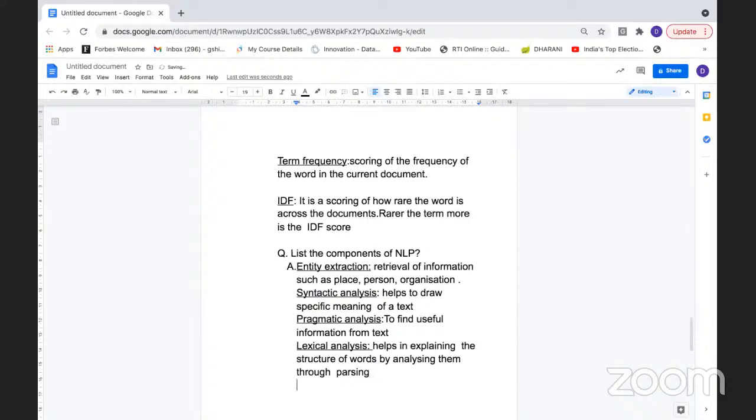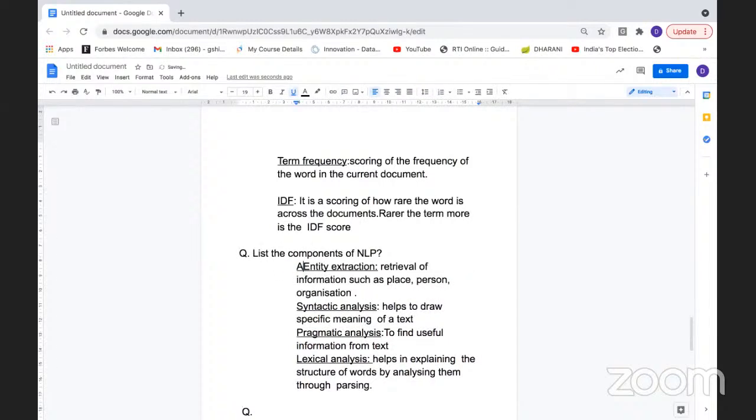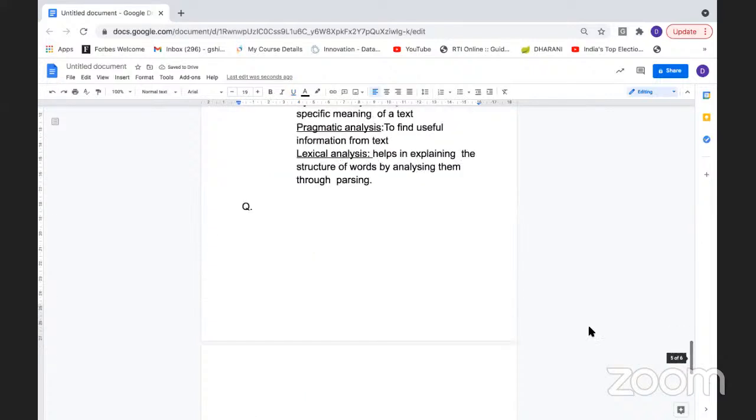Now, what is parsing? Because once you use any word, we should be able to explain that, because that would be a follow-up question for us. What is parsing in the context of NLP?